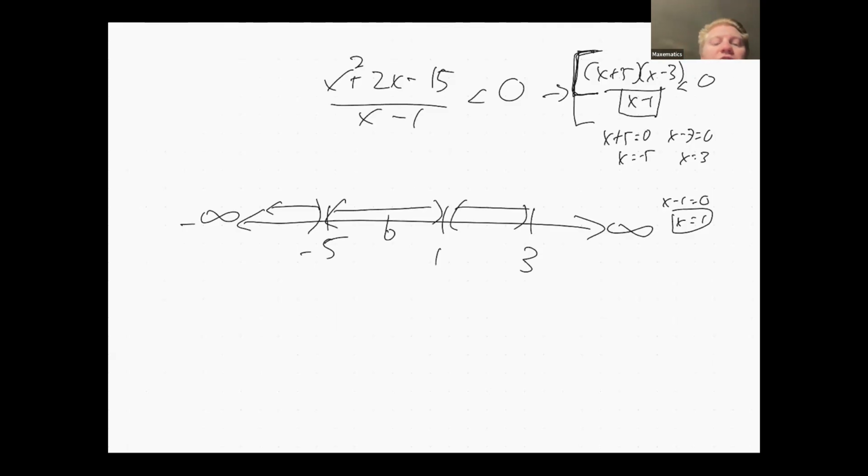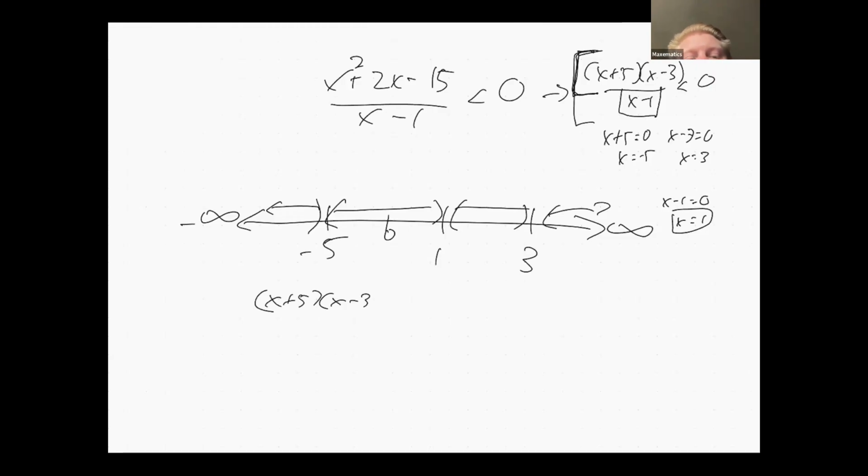So our now 3 values created 4 subintervals, and there's nothing wrong with that. Now we're going to plug in a value into each of these 4 subintervals and determine whether or not the inequality is true or false. So I'm going to rewrite the inequality over here. x plus 5, x minus 3 over x minus 1, less than 0.